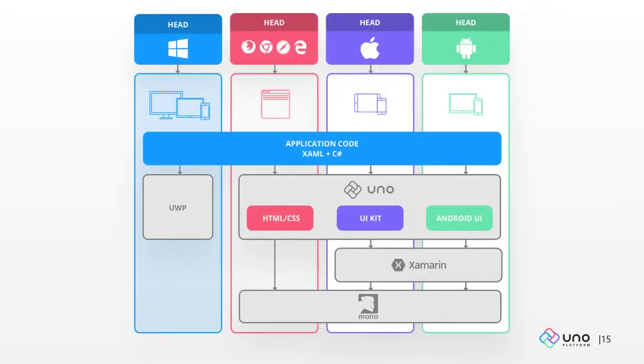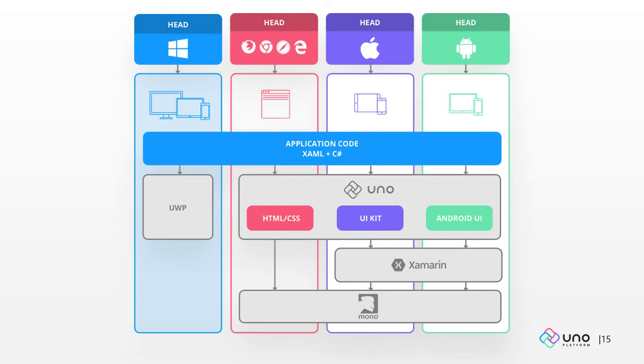The architecture of UNO looks like this. So we have 4 platform heads at the top, which is Windows, WebAssembly, Android, and iOS. Underneath that is your application code, which is written in XAML and C#. And then each platform is different.